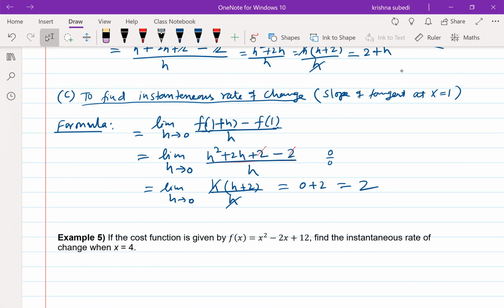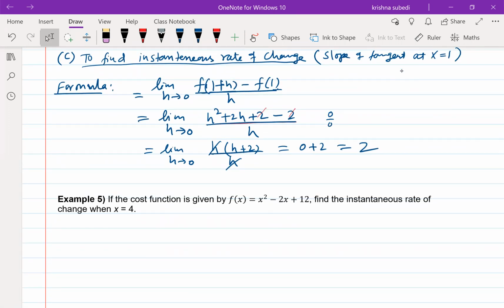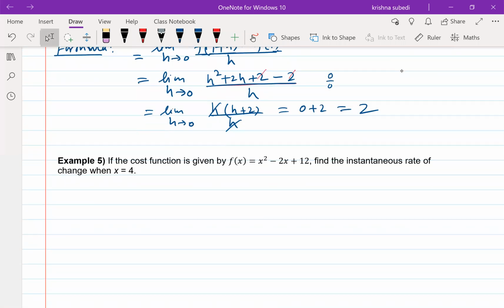Now, let us look at this. If the cost function is given by f of x equals x squared minus 2x plus 12, find the instantaneous rate of change when x equals 4. This can be done by two methods.